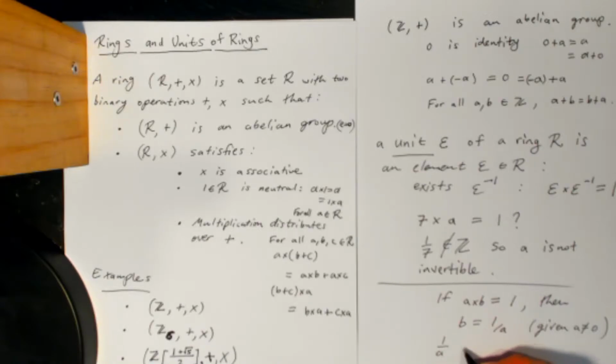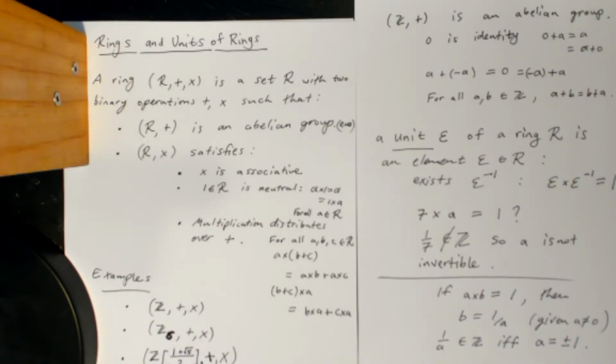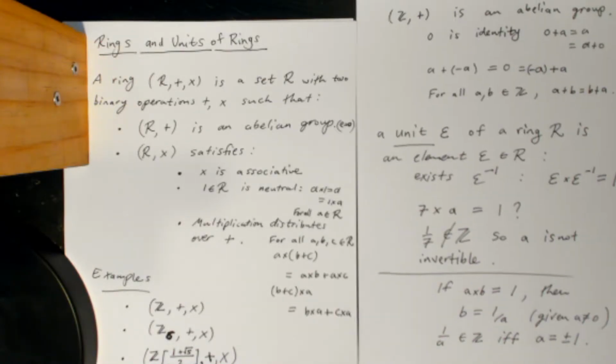So 1 over A belongs to the set of integers if and only if, and I'll write IFF for if and only if, A is equal to plus or minus 1. Okay, so this means that the only units of the set of integers are plus or minus 1.